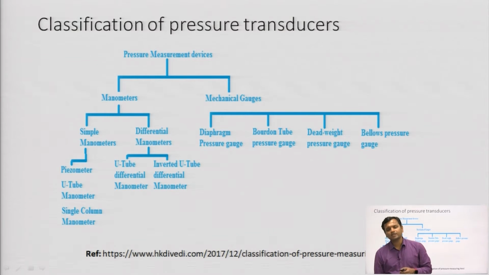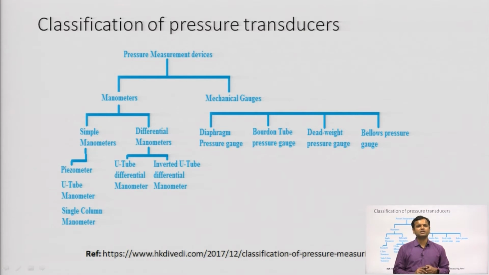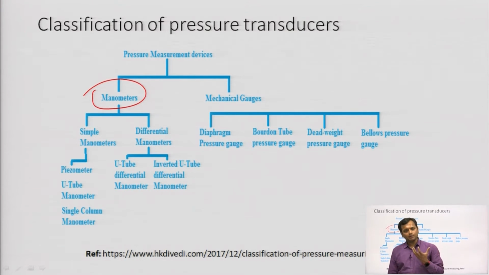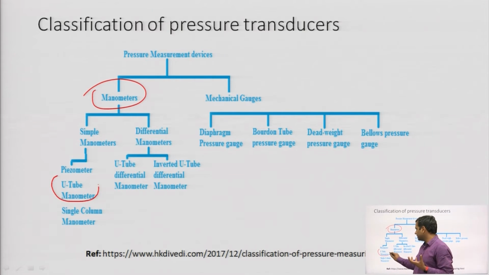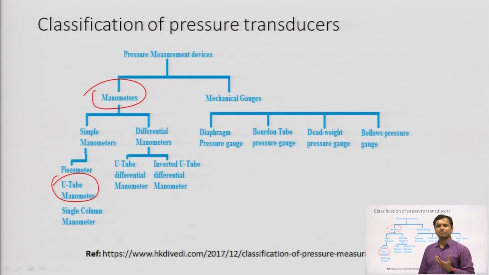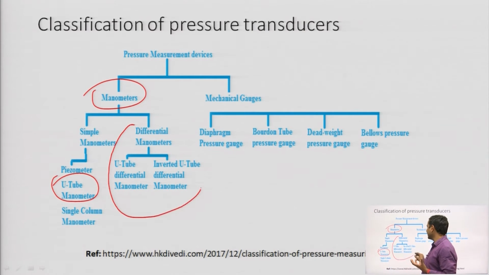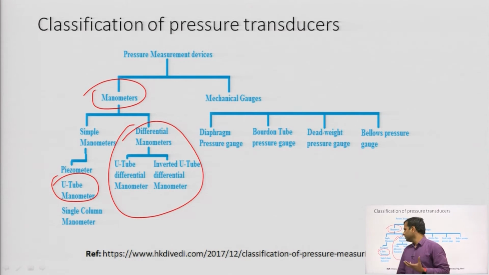In the last lecture, we also saw the classification chart of the pressure transducers. In that chart, we see the manometers. The simple manometer includes the U-tube manometer, which works on the formula P is equal to rho g h, and differential pressure measurement includes the U-tube differential manometer and the inverted U-tube differential manometer.